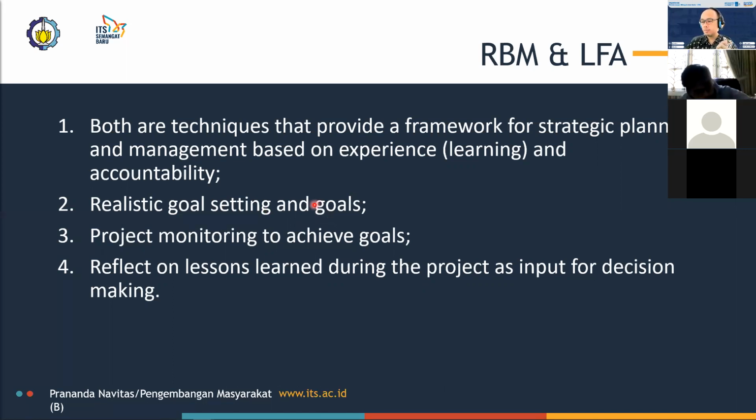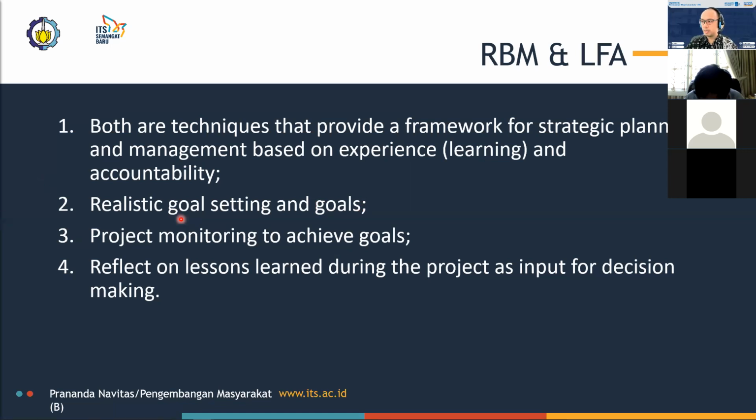Both techniques also rely on project monitoring, and both require constant monitoring to achieve their objectives, and ultimately to achieve the overall goal.